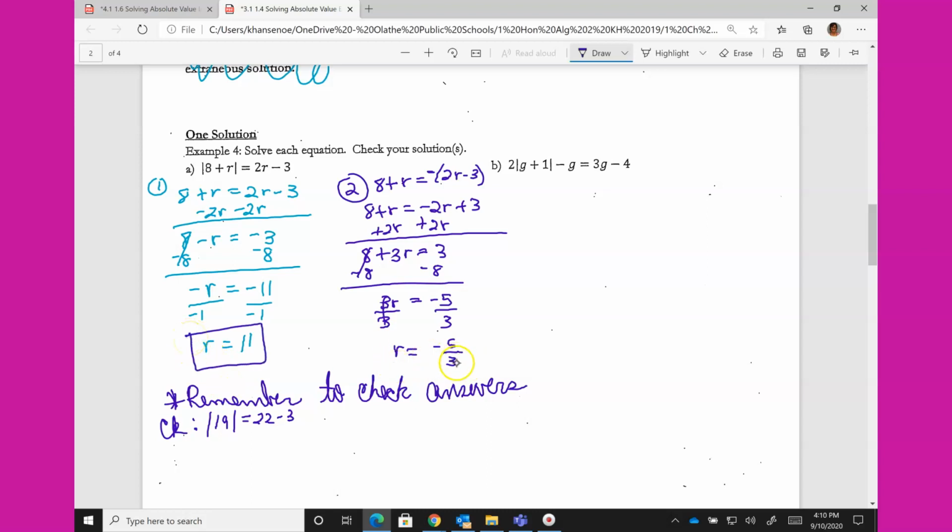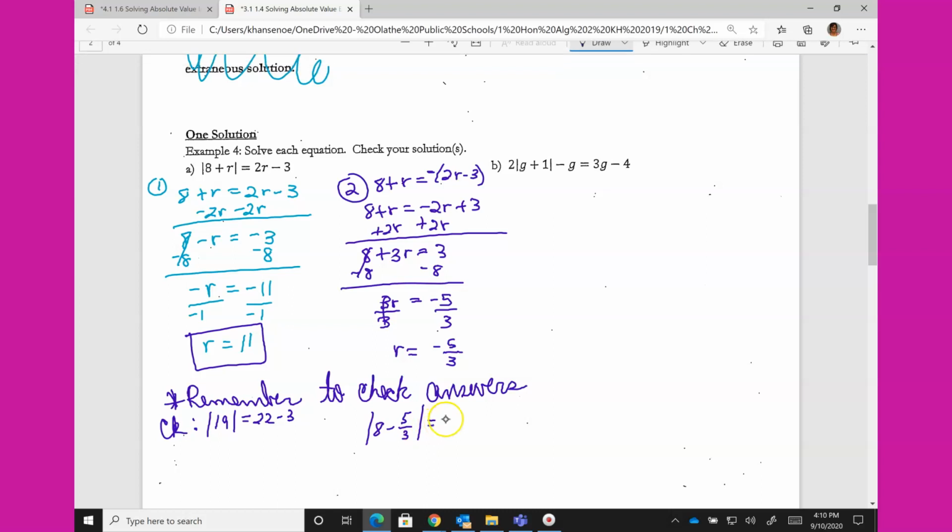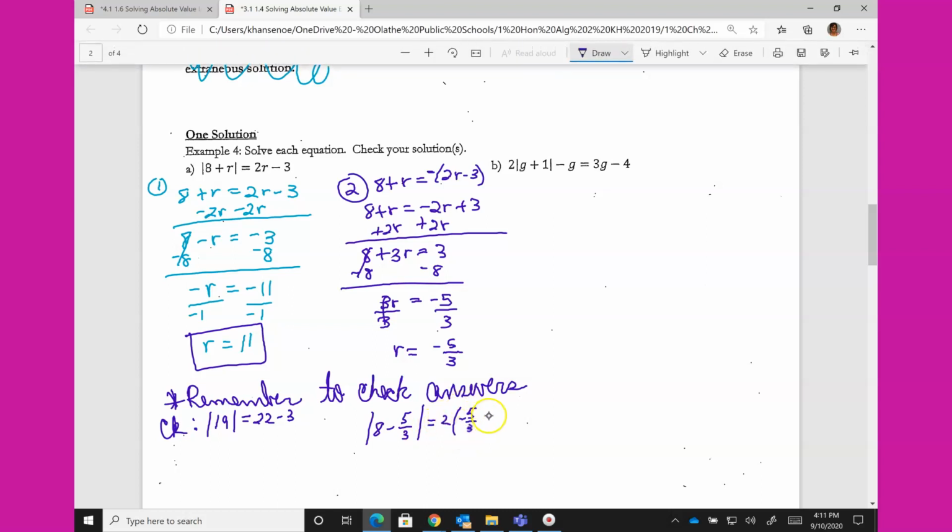Now I'm going to check this one. This one's a little trickier. So you're plugging it into the original problem. I have absolute value of 8 minus 5/3 equals 2 times negative 5/3 minus 3.